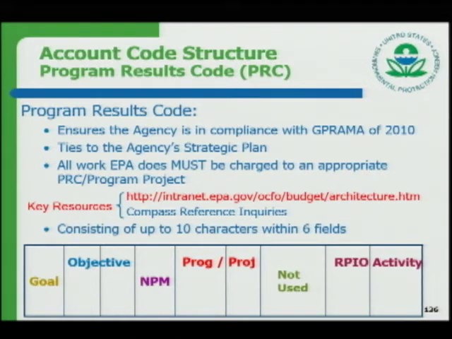So we have the goals. We have objectives, the NPM that you work for or that it's associated with, the program project, and then I'll identify at the very end what this not used / RPIO activity, these last characters, 7, 8, and 9.